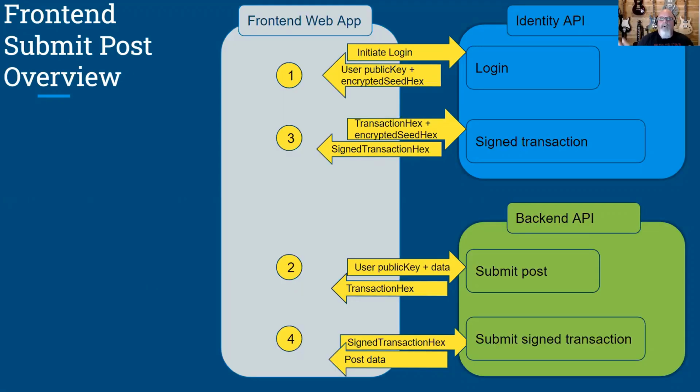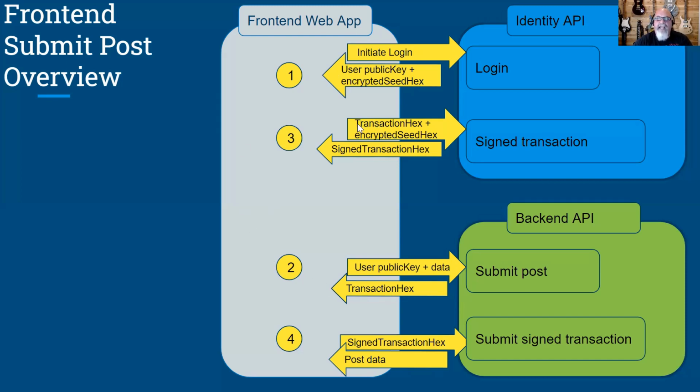All right, so put another way, let's go through that process once again, just to make sure that we can see what's going on. So number one, our front end web app would initiate the login by going to Identity API, logging in, and it would get back a public key and an encrypted seed hex. Next, we would use that public key and the data that we want to post to the blockchain to submit the post, and it would come back with a transaction hex.